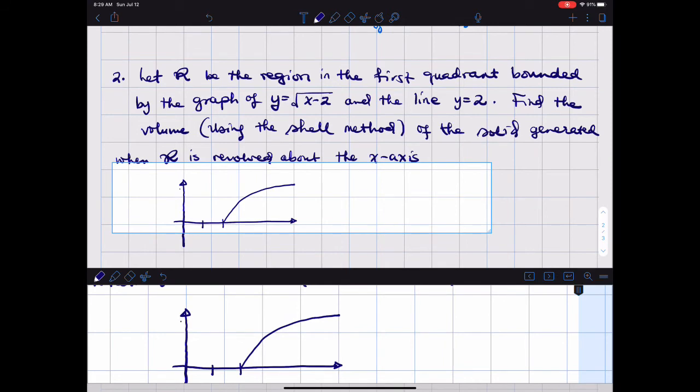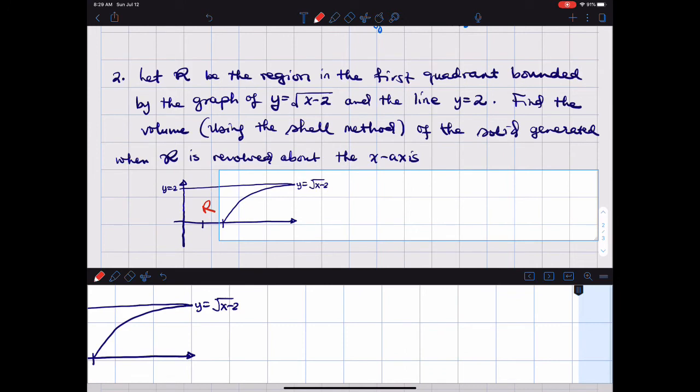So that's y equals 2, and this is y equals square root of x minus 2. So this is our region R.